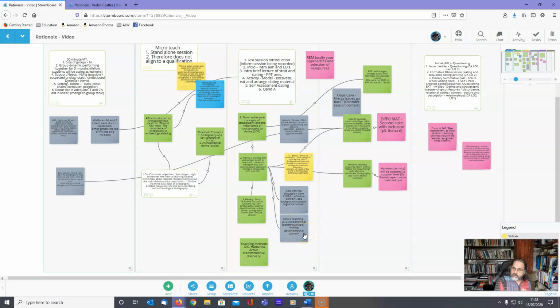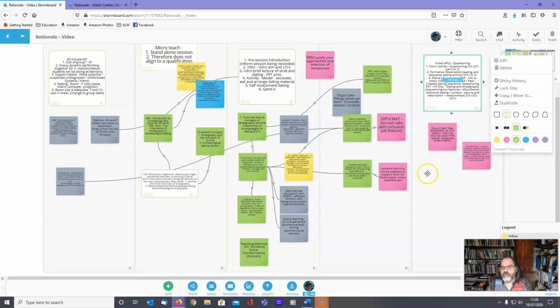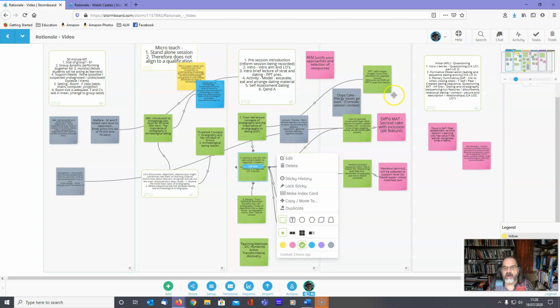I could do more and more, and this is where your rationale can get quite out of hand, because obviously if you're going to be constructing the learning, they're going to be constructing their own dating record. That is a constructivist activity. So it's how we link theory, it's how we justify things, and also now we've got, have I reached these?